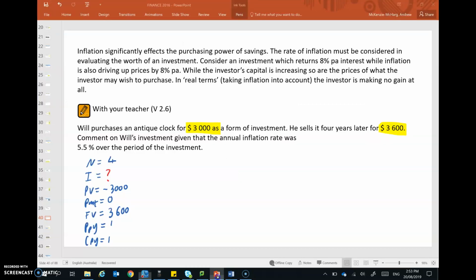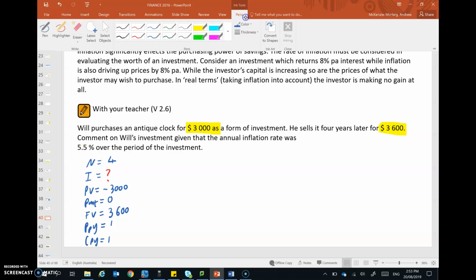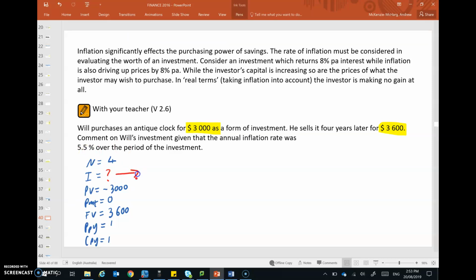Now, if we look at the rate of inflation during this time, it's 5.5%. So here, 4.66%. This indicates that this is a poor investment by Will, because the rate that his antique clock has increased in value at is 4.66%. That needs to be above inflation to gain value overall, and it's not.